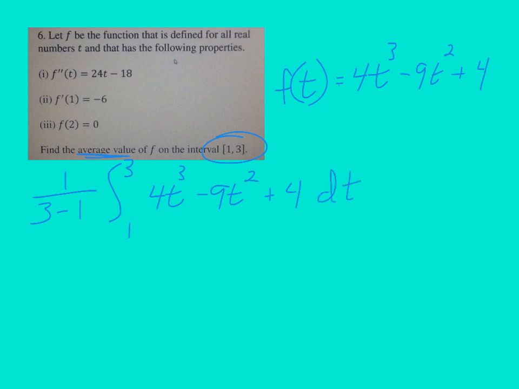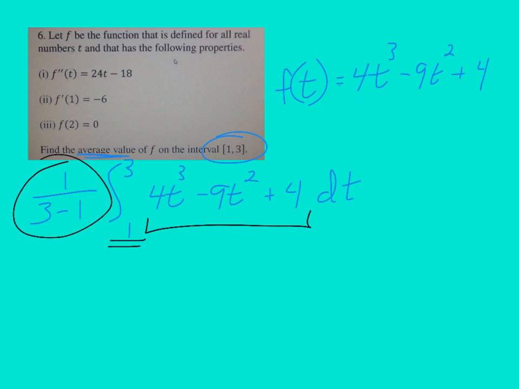At this point here, for this year, if something like this shows up, you're going to go to your calculator, and you can punch all of this right-hand side into your calculator and find the integral. Please don't forget to do this part here.